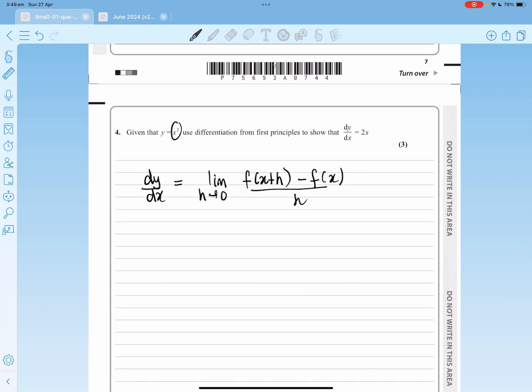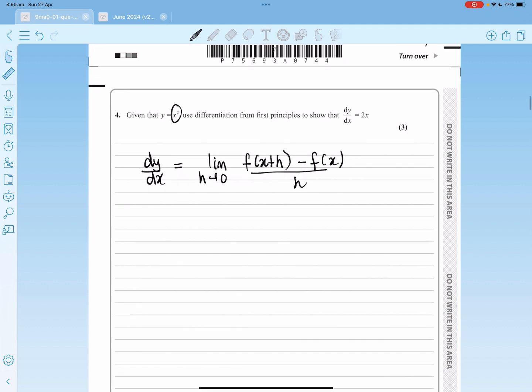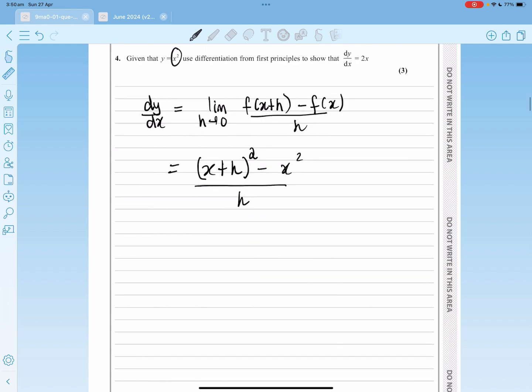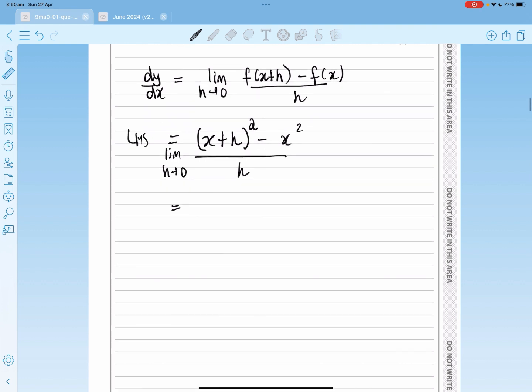Now in this example, we're given y is equals to x squared. So we'd say that x plus h squared minus x squared over h, where the limit in h tends to 0, and this, let's just copy this as LHS.